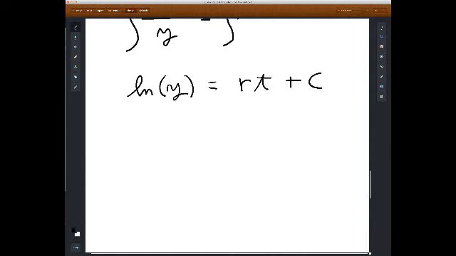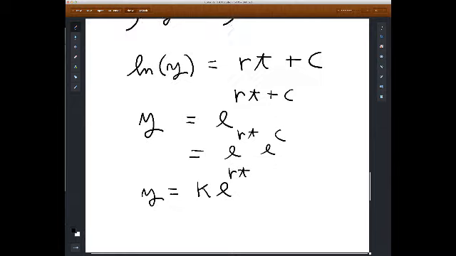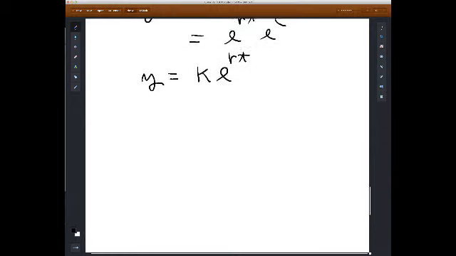If I exponentiate both sides, y is equal to e to the rt plus c, which can be rewritten as e to the rt times e to the c. Normally you see this as y is equal to some constant k, that's our e to the c, times e to the rt. And that's how one can derive the solution to such a thing.